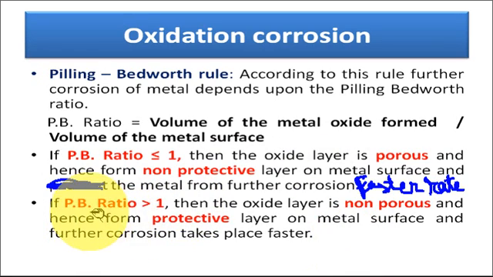While in case the PB ratio is greater than 1, greater than 1 means a large volume of the metal oxide layer will be there. So in such a case, the layer formed is a non-porous layer, and since it is non-porous, it covers the complete metal and forms a protective layer on the metal surface. So in such a case, further corrosion does not take place.